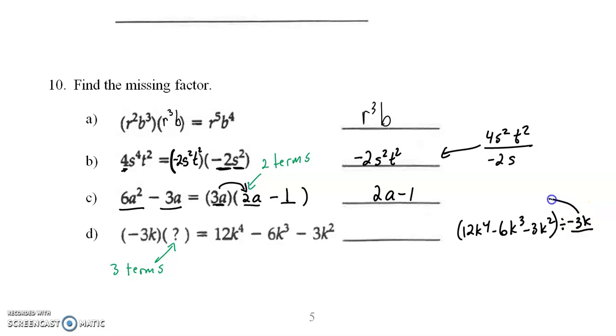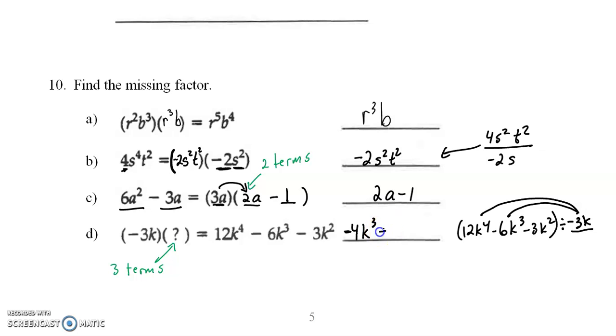So what is 12k to the 4 divided by negative 3k? Well, that multiplier is going to have to be 4 and a k cubed, and there's going to have to be a minus on it, so that the negative 3k times the negative 4 is going to give me a positive 12. Then, when I'm dividing the 3k by the negative 6k cubed, it's already negative, so I don't have to worry about the sign.